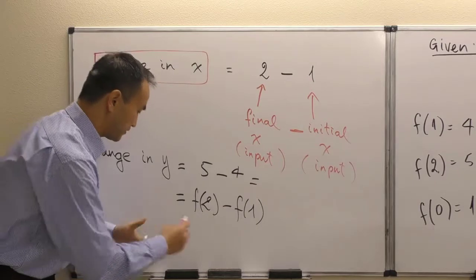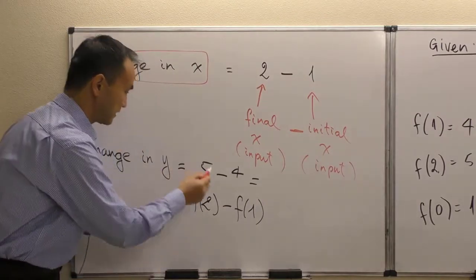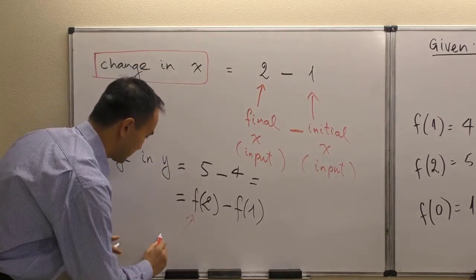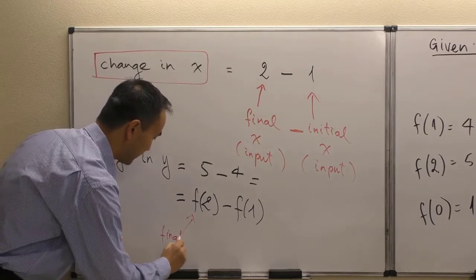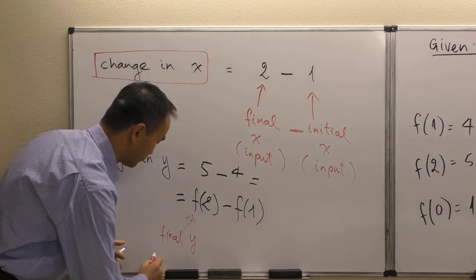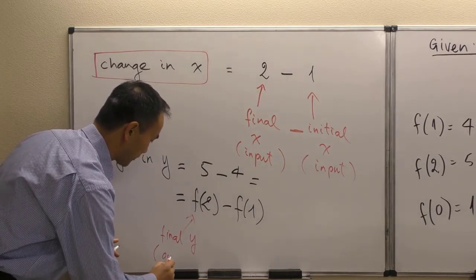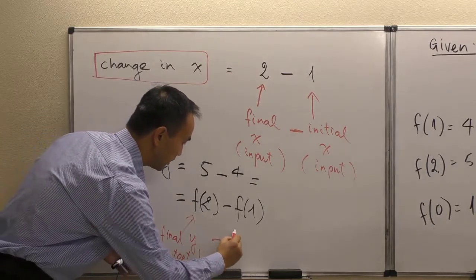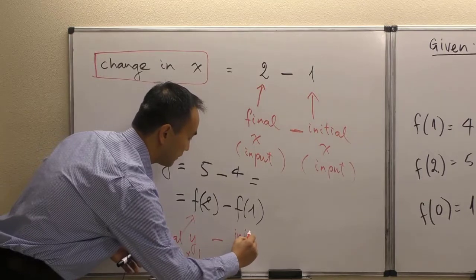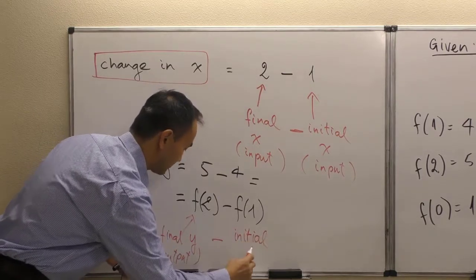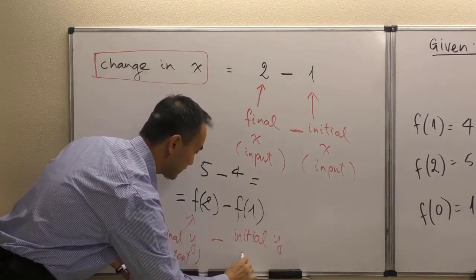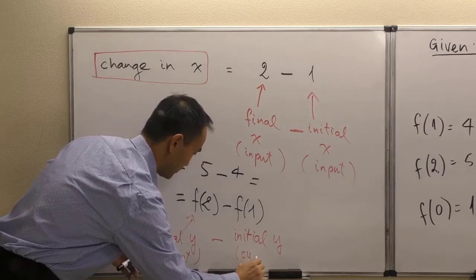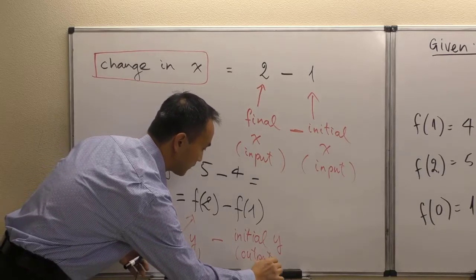All right, so this is how I'm seeing it: this is the final y value or output minus the initial y value, or this is also referred to as final output minus initial output.